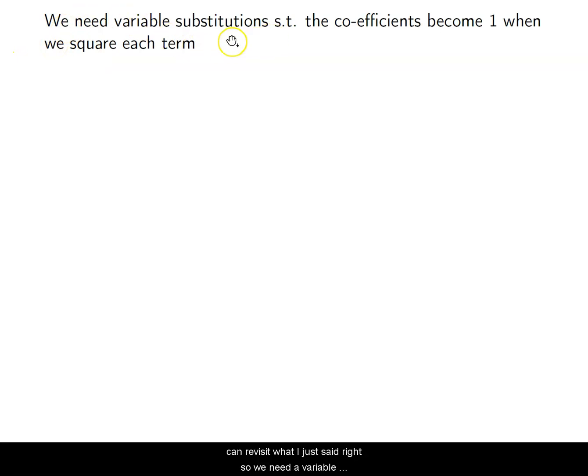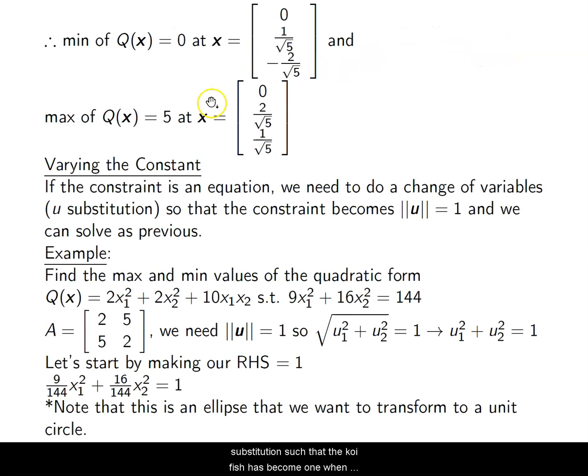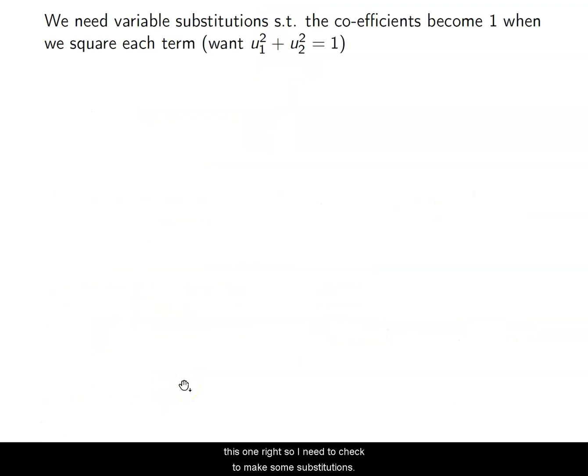So we need a variable substitution such that the coefficients become 1 when we square each term, right? I need to replace this with some u1 and u2 so that when I square them, I get out this 1, right? So I need to start to make some substitutions. This is what I want. That's my constraint. So I'm going to say x1 squared equals 144 over 9 u1 squared.